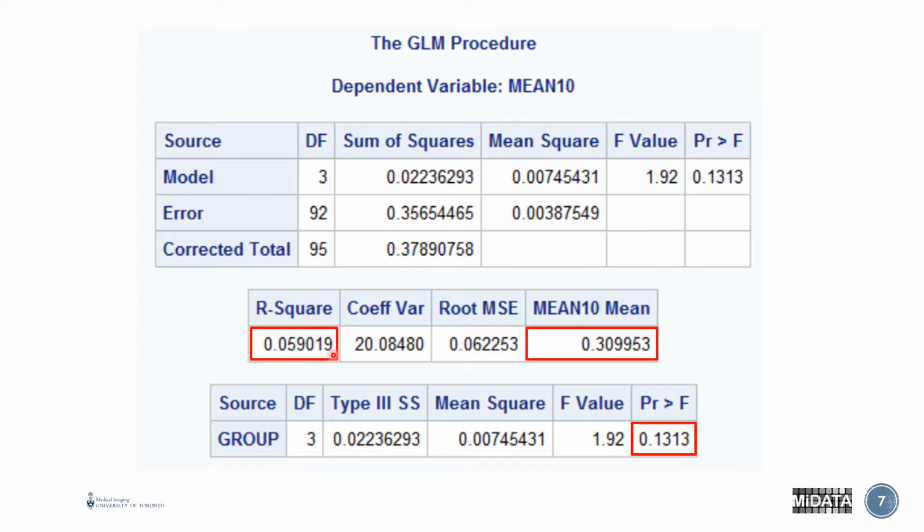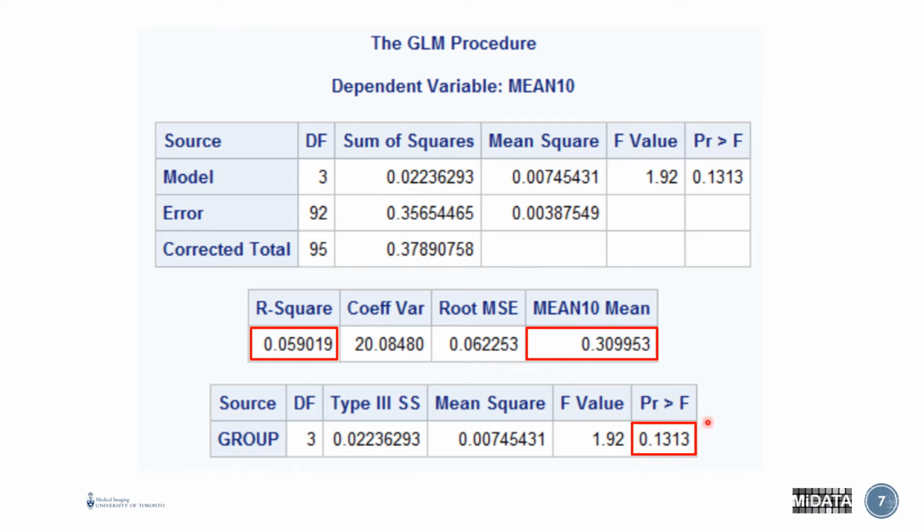So that means that your model is really not a good fit. It's shown here by the p-value for your model, which is not significant. The mean of your outcome, your reaction time, is going to be 0.3.